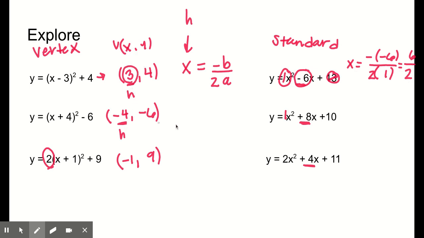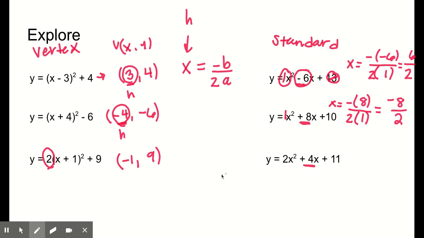Let's see if it works for this one as well. So x equals -8, just -8, divided by 2 times a. Again, it's a 1. That gives us -8 divided by 2, which equals a -4.